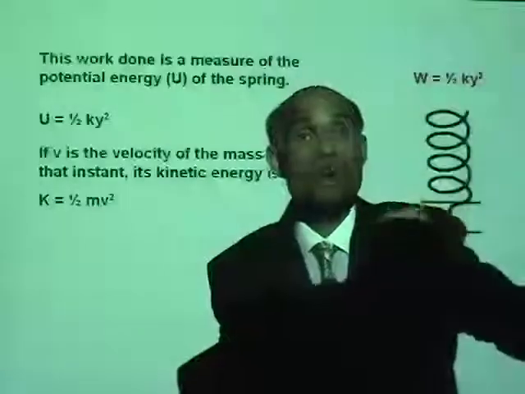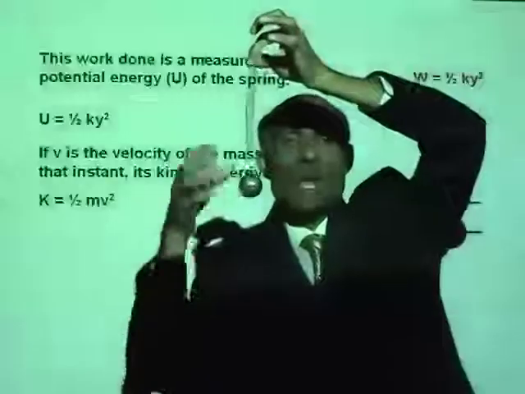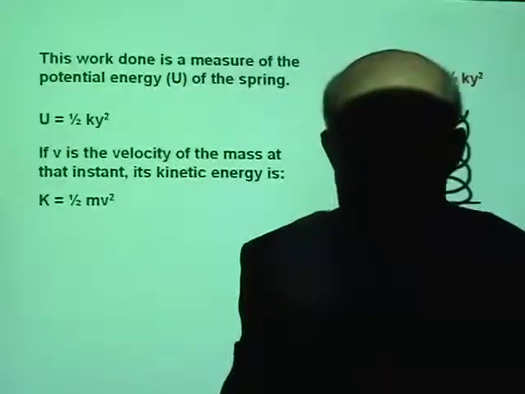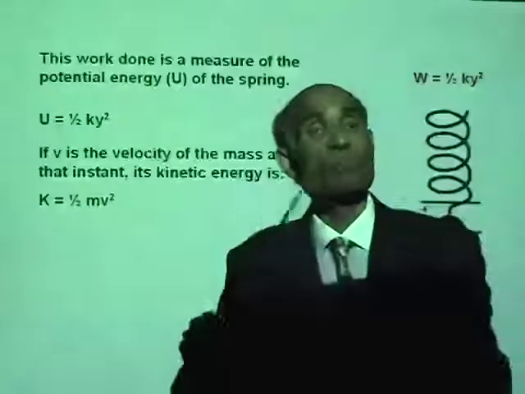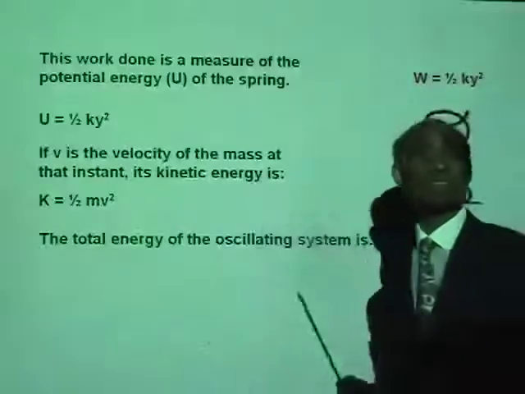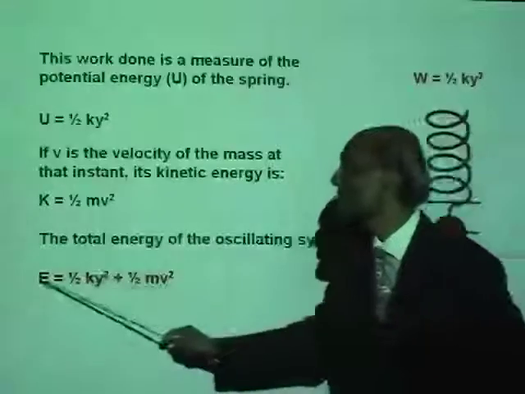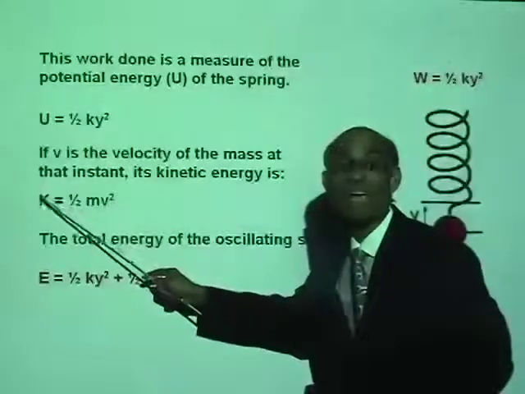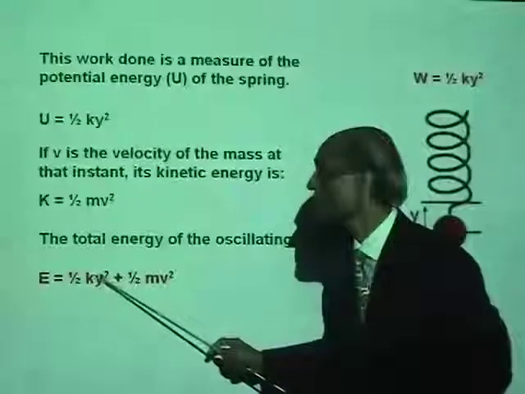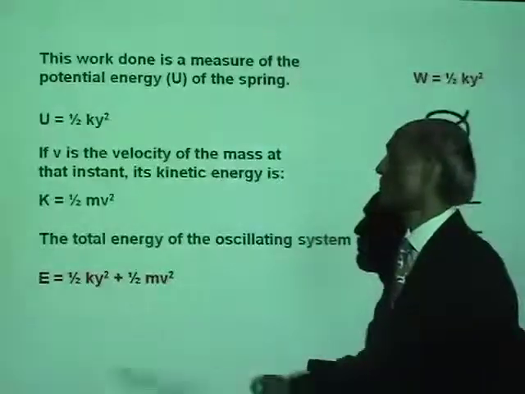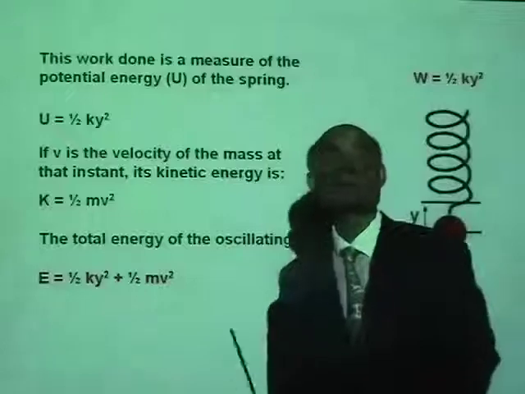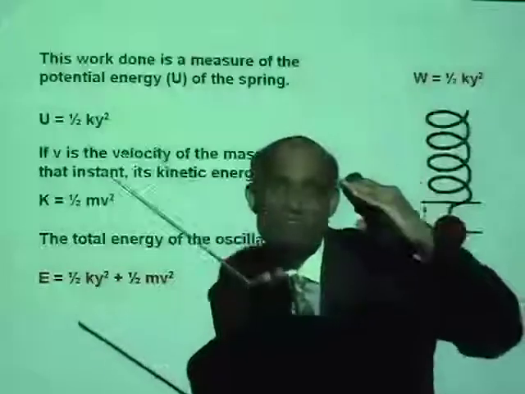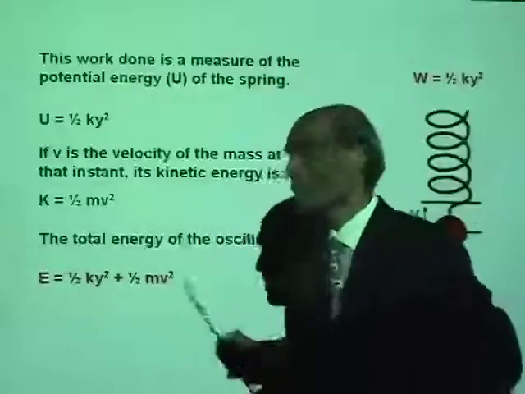So what is the total energy of the system at any given instant? The total energy is the sum of the potential energy and the kinetic energy. So I can write E, the total energy, is U plus K, which is 1/2 ky squared plus 1/2 mv squared.